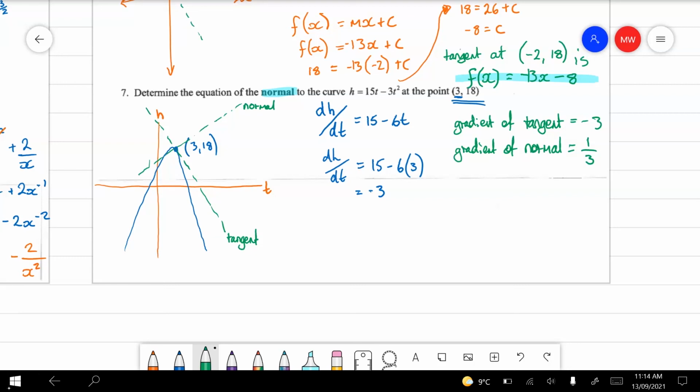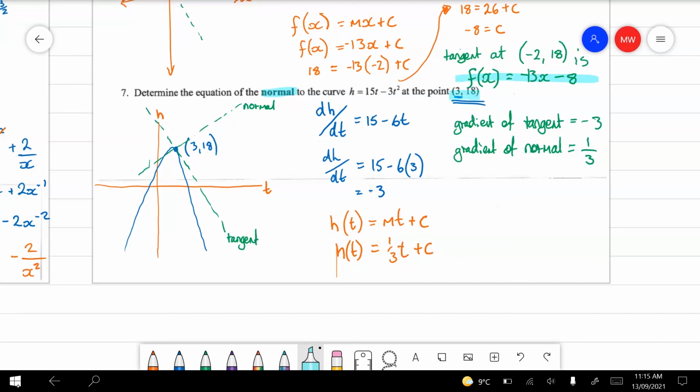So that means that if we are trying to find the equation of the normal, then what we've got is h(t), and this has to be mt plus c, okay? And now we'll fill in what we know. So we know that h(t) is going to have a gradient of 1/3 of t, but we don't know what the c value is. And so now we need to go back through the same process.